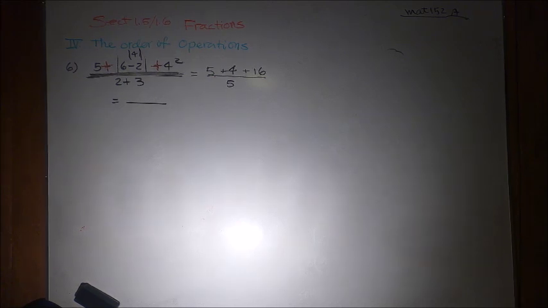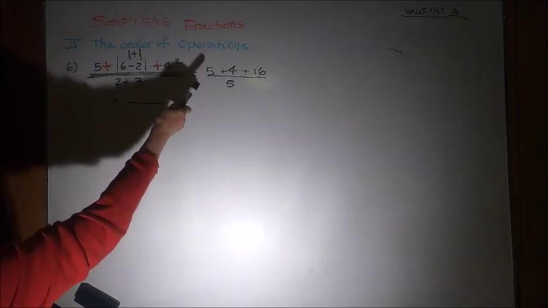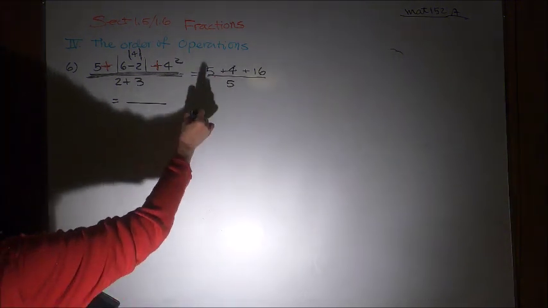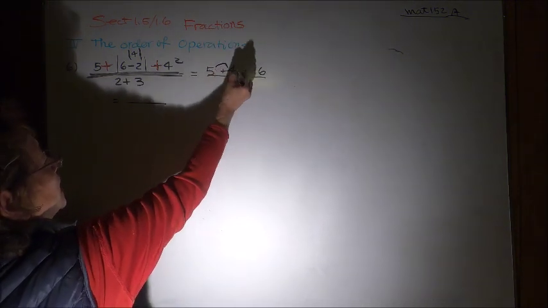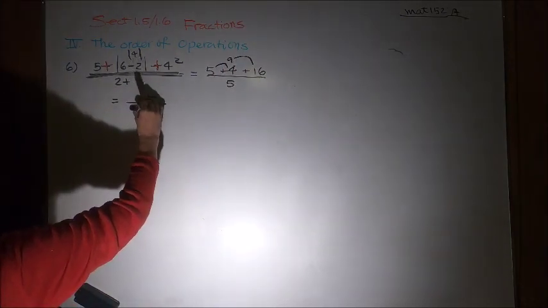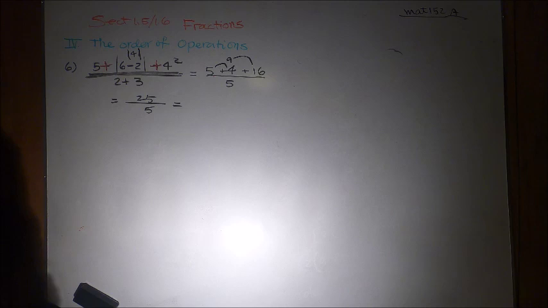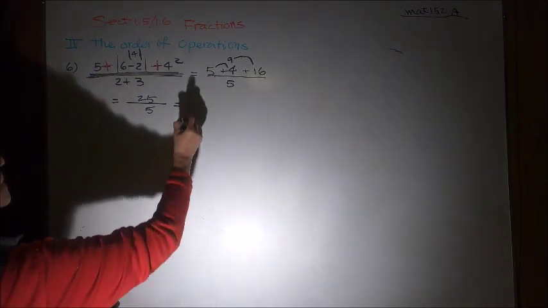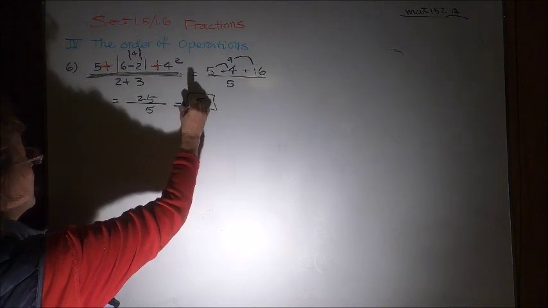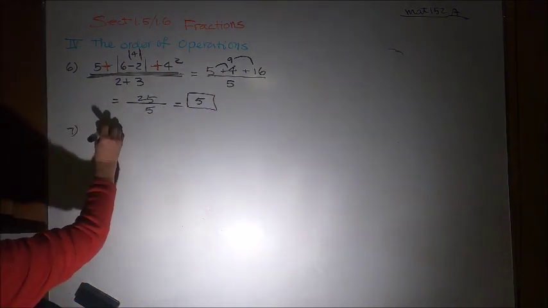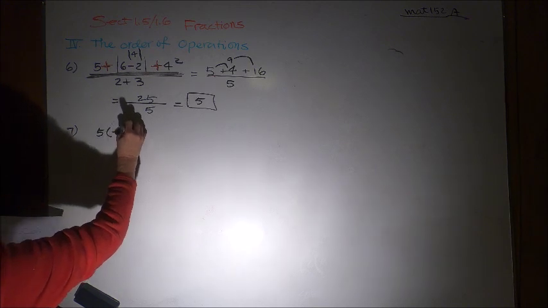Now what do we have? Separated by the fraction bar, you work separately. So 5 plus 4, 9. 9 plus 16 is what? 25 over 5. A fraction, right? Then you simplify at the end. That would be 5. Manageable, right?